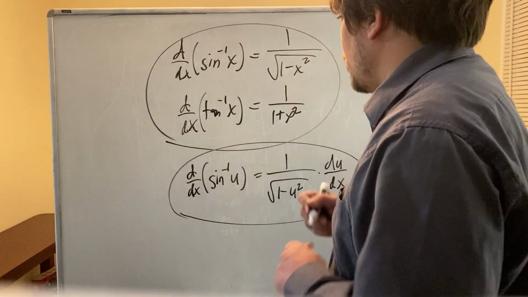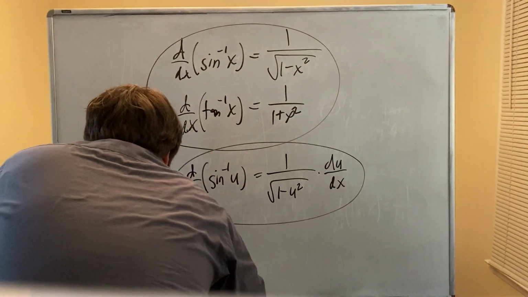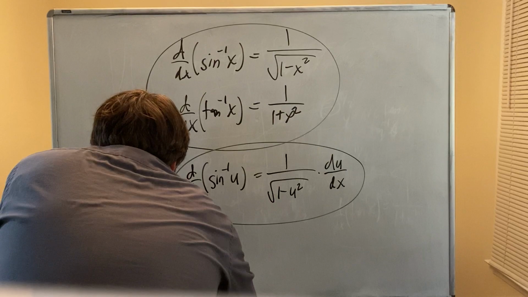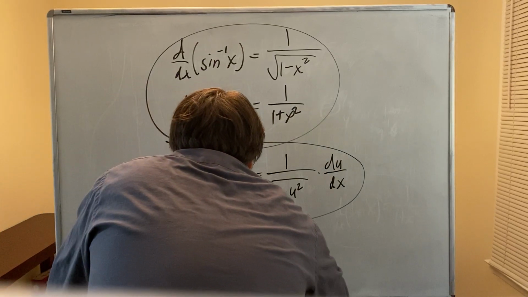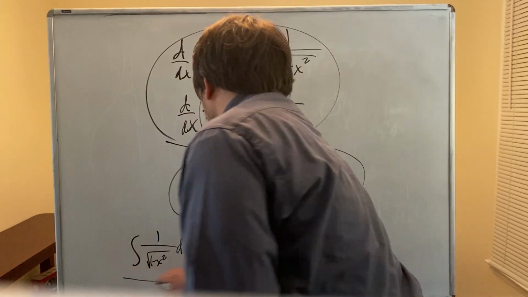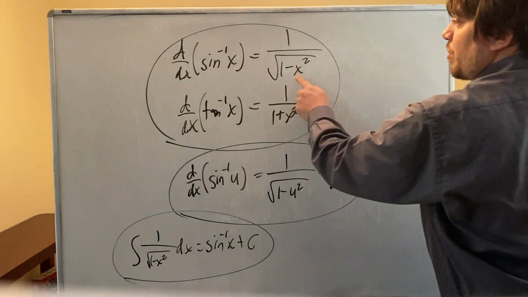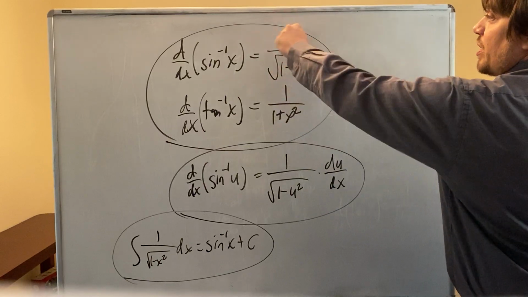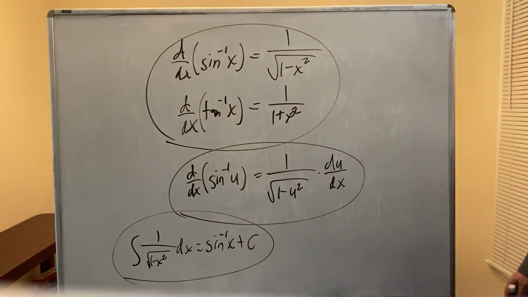Okay? Also, at the end of 5.6, it tells you the integral of 1 over square root of 1 minus x squared dx is equal to sine inverse x plus c. You should know that also. But that's directly from this derivative equation. The derivative of this equals this means that the general antiderivative of that is sine inverse x plus c.